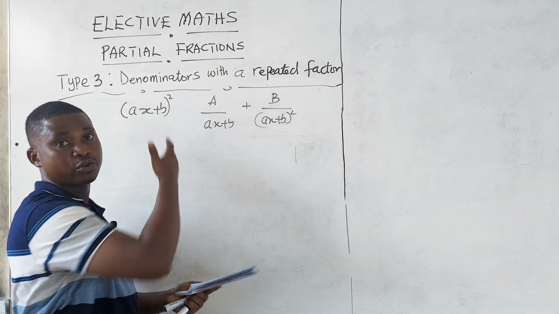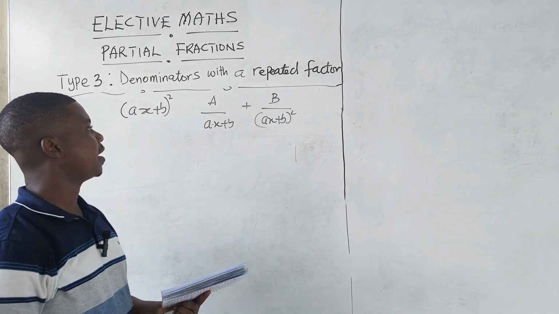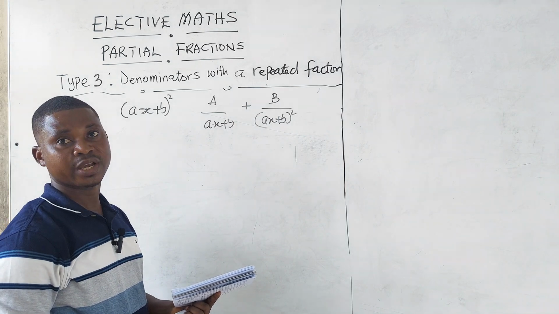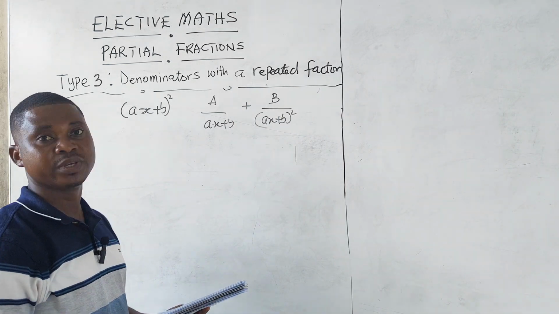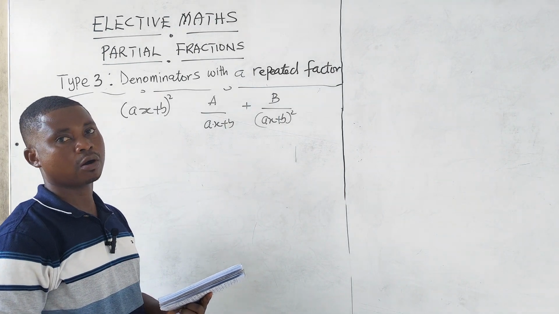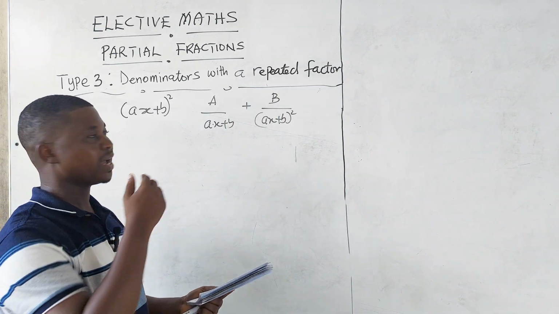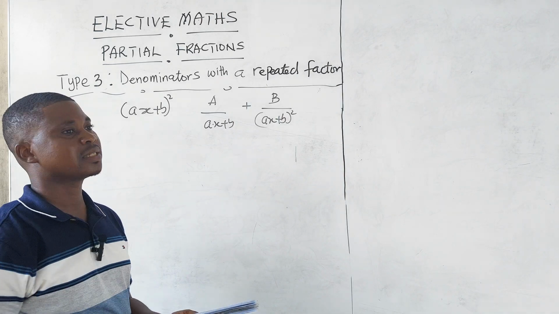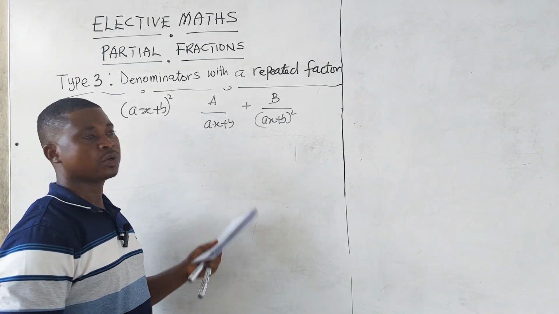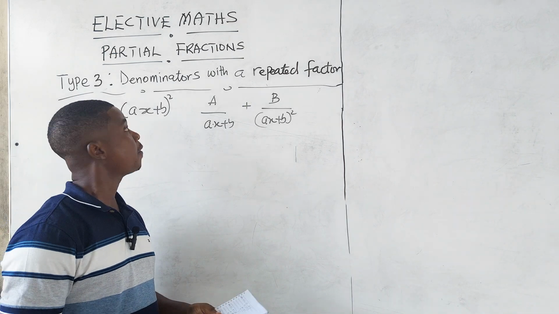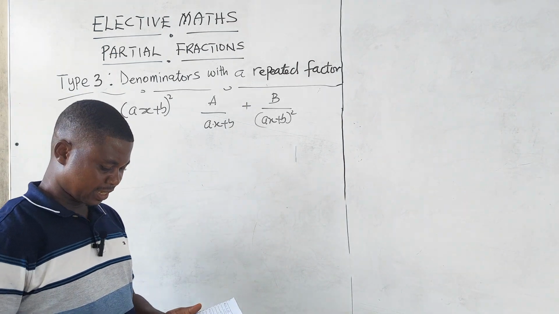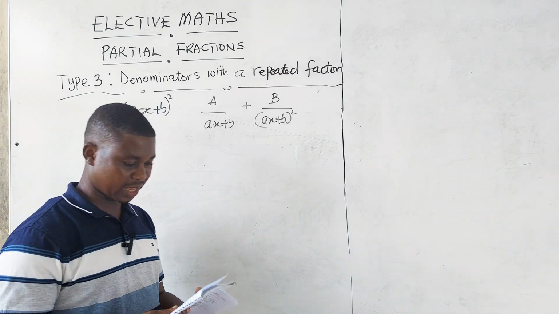That is, when this one is cubed, you are going to have A over (ax + b), B over (ax + b) all squared, then the next one will be C over (ax + b) all cubed. So it depends on the power. That will help you know the number of partial fractions that you get. So that is for repeated denominators or repeated factors.